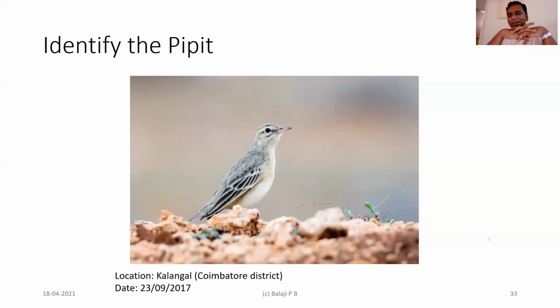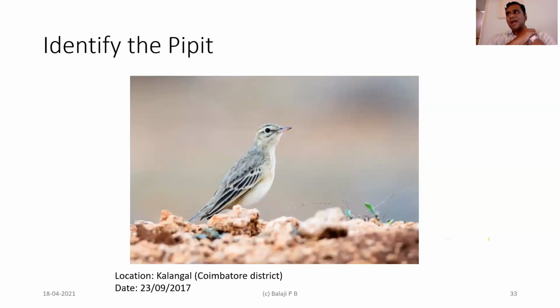Yeah, so see, in Blyth's, the main thing is that it has very pale lores. And in this bird, very clearly, if you look at the area from the eye to the beak, you can see that it is dark.